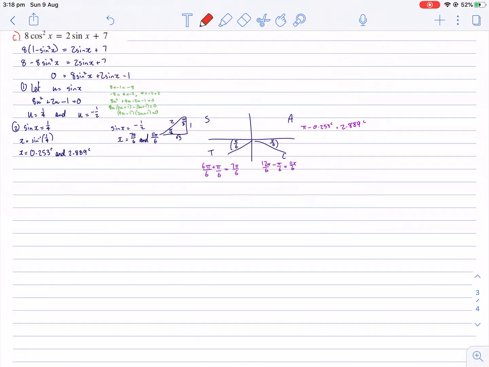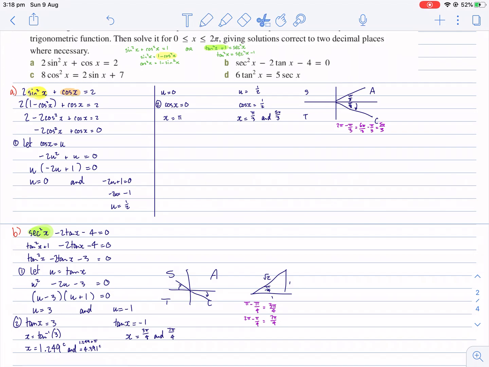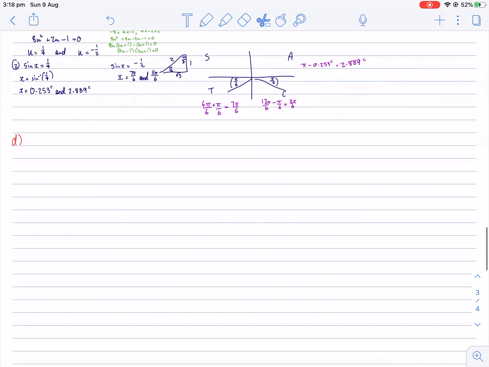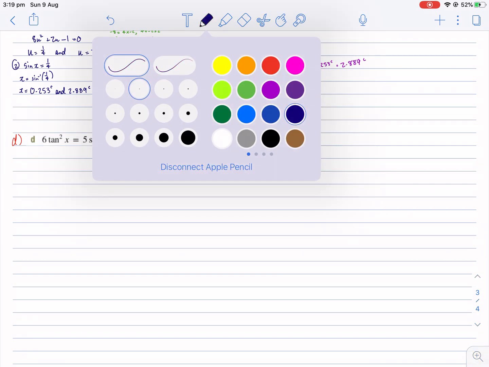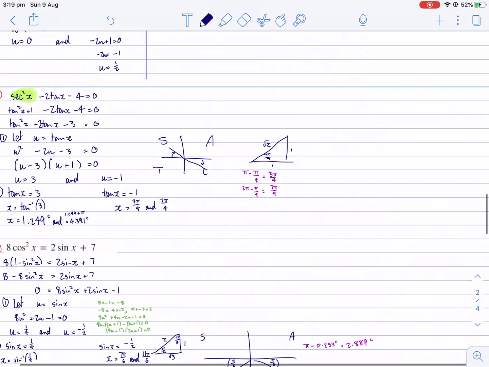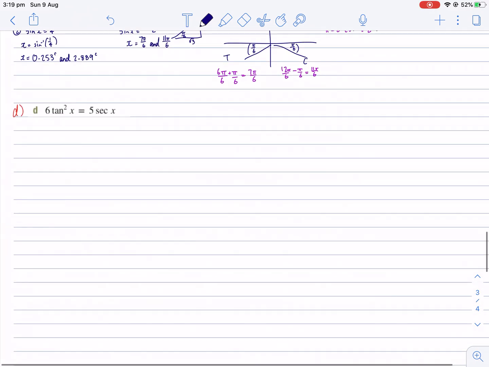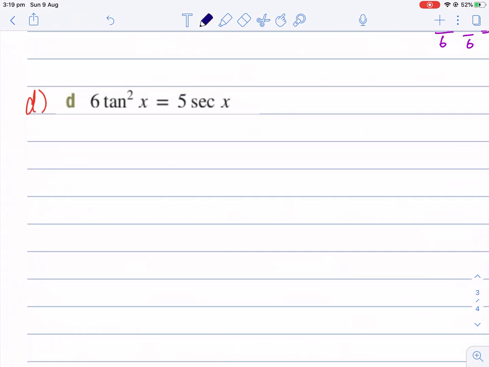Question D. You kind of do a lot more in these next year, so please don't stress if you're struggling. I'm going to replace the tan squared with sec squared take 1.